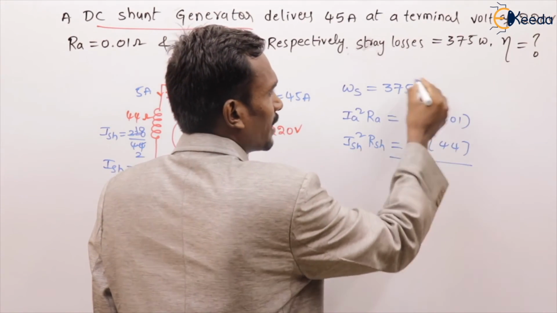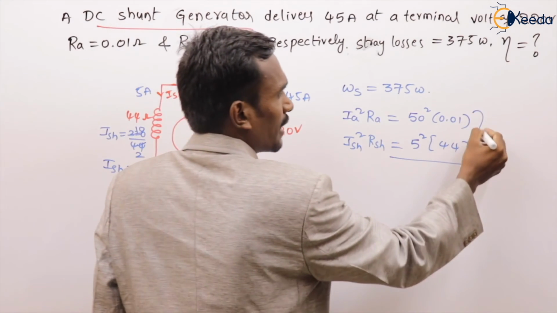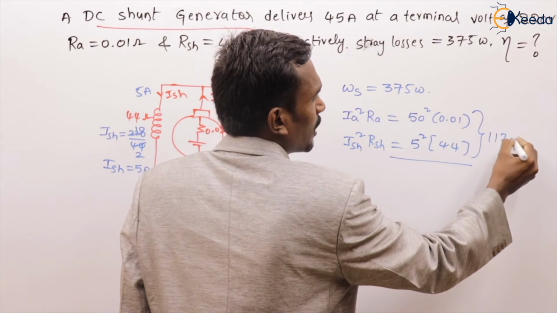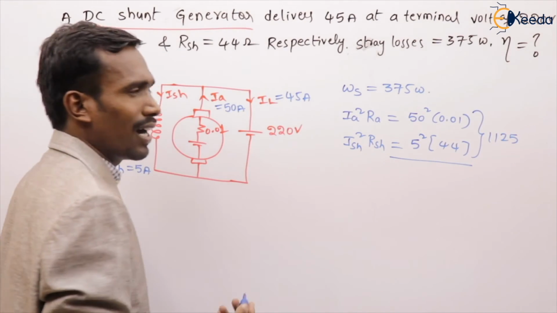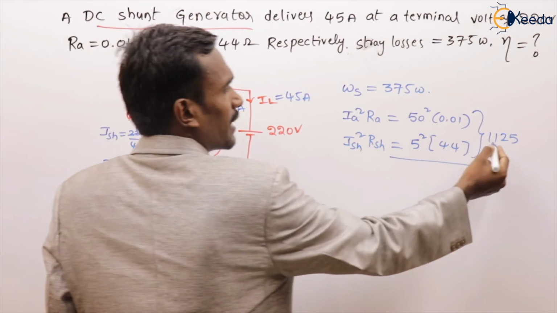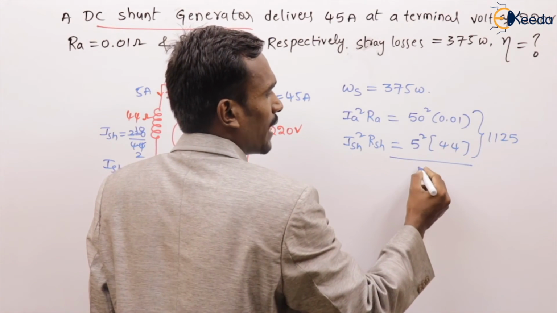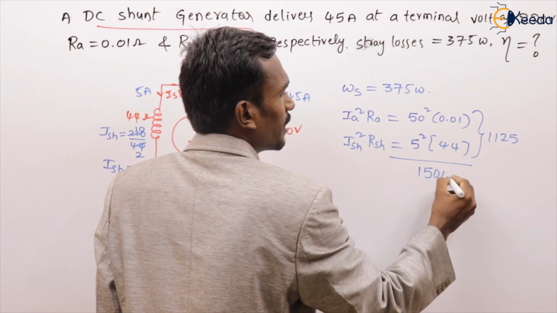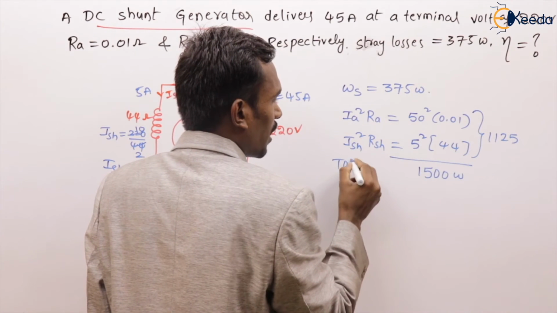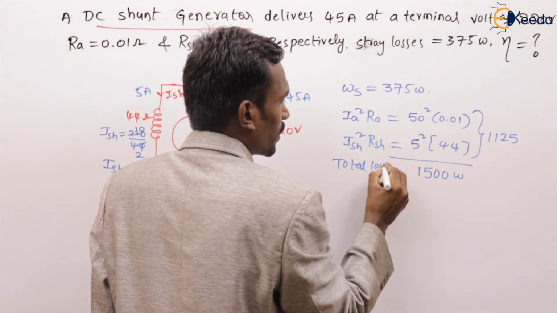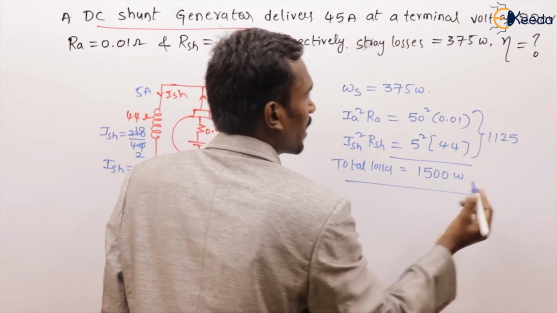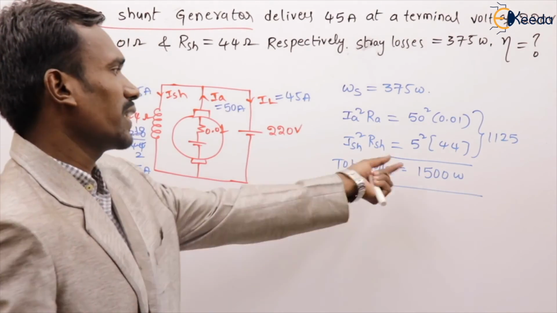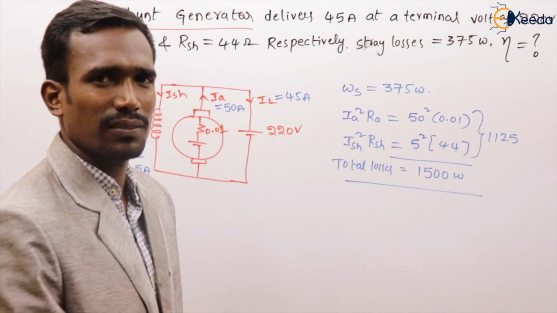If you calculate these two losses, the value is 1125 watts. 1125 plus 375 gives 1500 watts total losses.